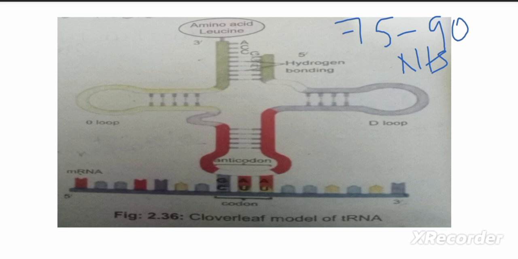It has a flat clover leaf-like shape in 2D view. So you have to remember that the 5' end always terminates at guanine, and the 3' end always terminates at ACC.